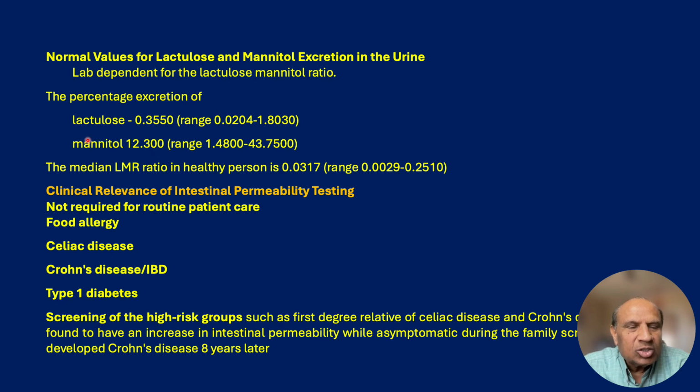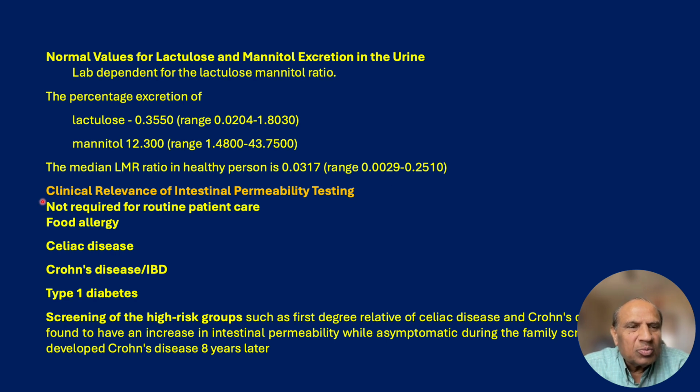We then take the ratio of lactulose excretion to mannitol excretion, and the median ratio in a healthy person is 0.03. It has a very wide range of 0.0029 to 0.2510.